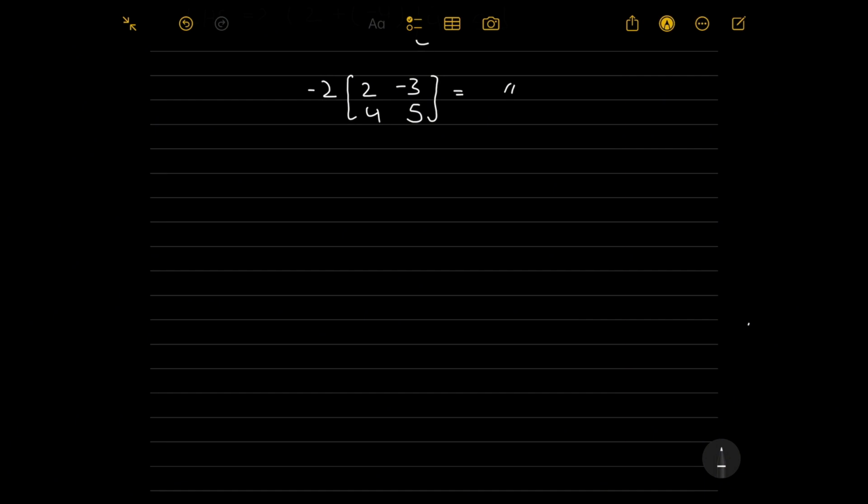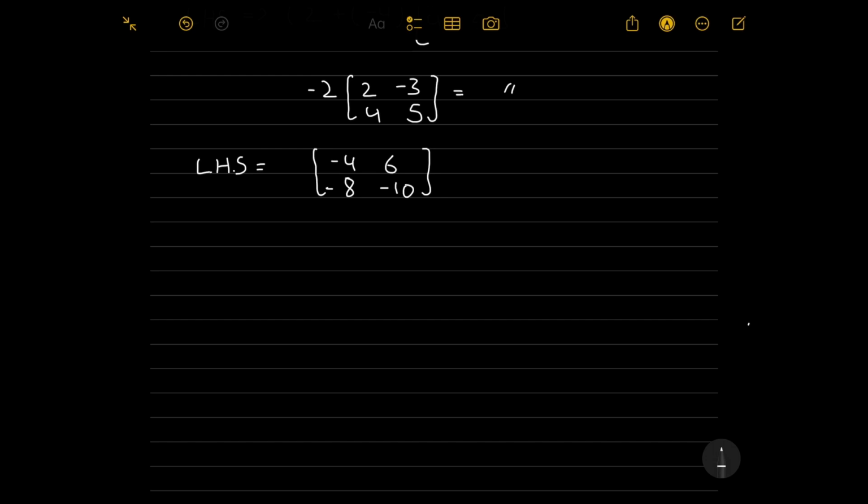So -2 into 2 is -4, -2 into -3 is 6, then -8, and then -10. So here we got the value of the left hand side.